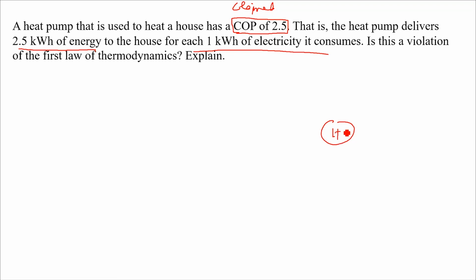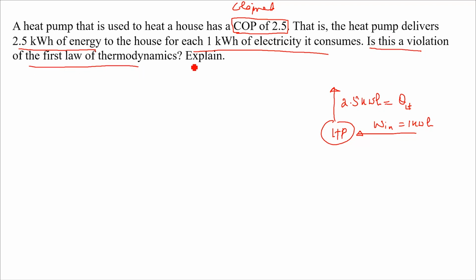If you have a heat pump over here, it is delivering 2.5 kilowatt of energy, which is QH, for each kilowatt of work in. For 1 kilowatt of energy, it is giving me 2.5 kilowatt of heat. I have to see whether this is a violation of the first law of thermodynamics, and I have to explain that.